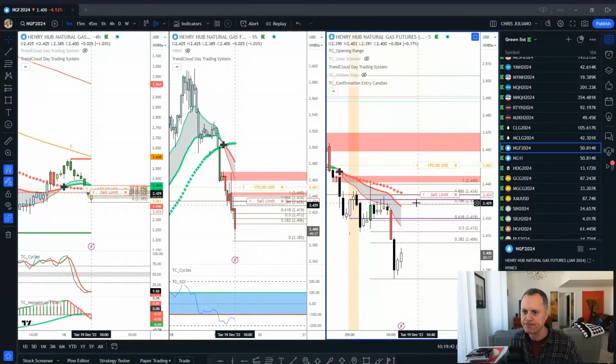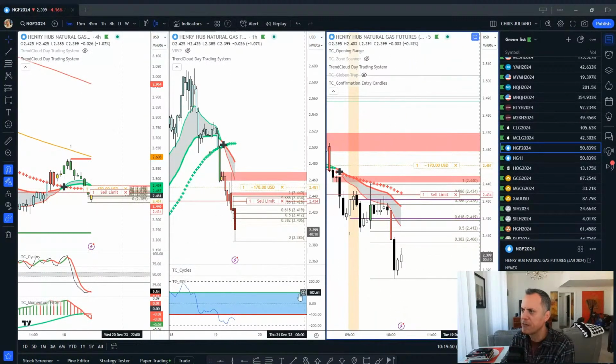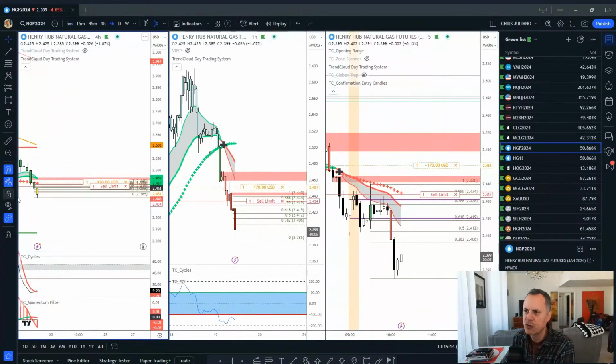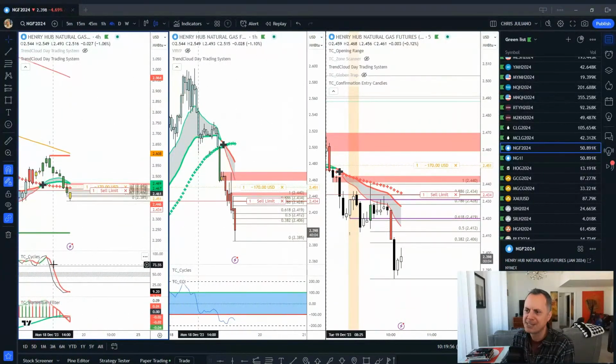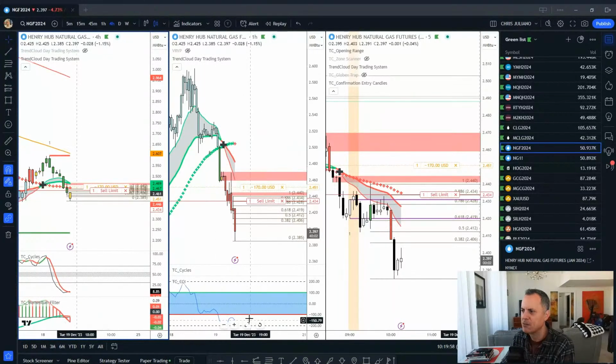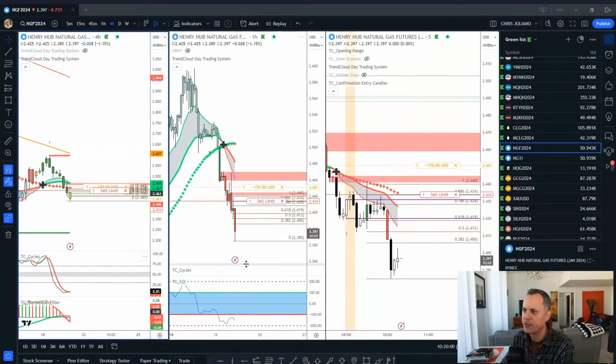Line stuff up. Make sure everything is perfect, right? See how this pullback is taking place in a downtrend, high time frame, transitioning down, cycling down, momentum is down on both time frames. Middle time frame, red candles, momentum is down.